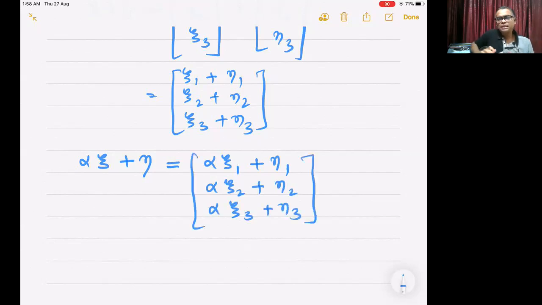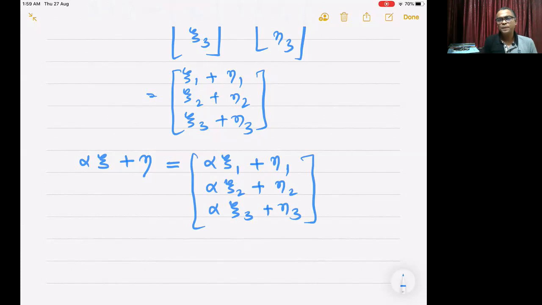So the moment I can define the sum of two vectors like this and the scaling of a vector by a scalar, by something from the real number set, I can extend that idea to talk about linear combination of vectors. I look at these two properties of vector sum and scalar multiplication and use them to generalize this idea of a vector space.